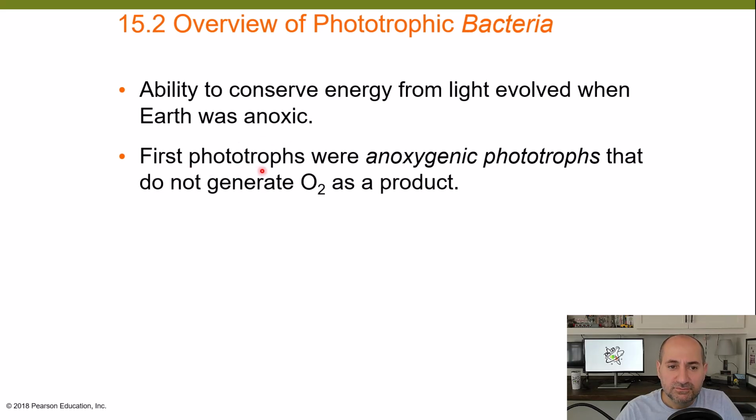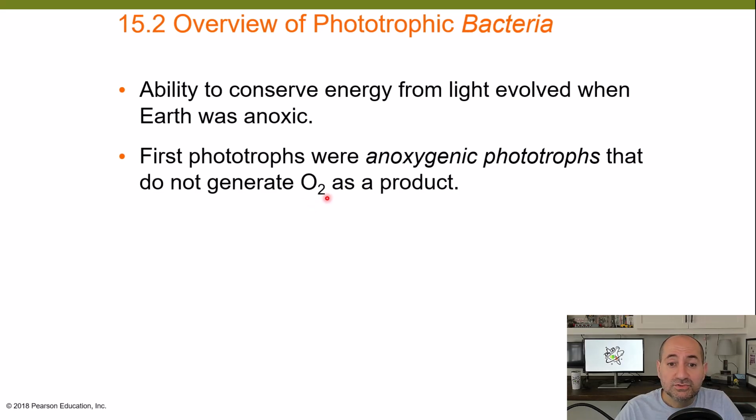And the first phototrophs were anoxygenic phototrophs. This means that they did not generate oxygen as a product. Remember, organisms that undergo phototrophy that do not produce oxygen as a product do not use water as their electron source, okay?